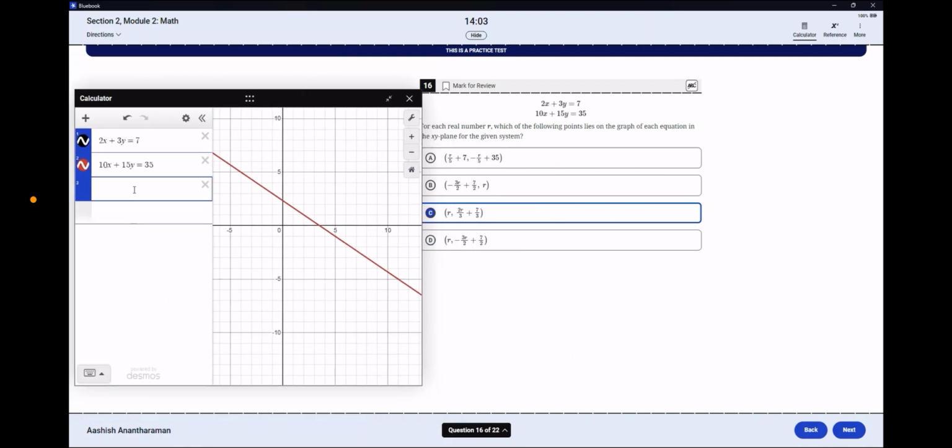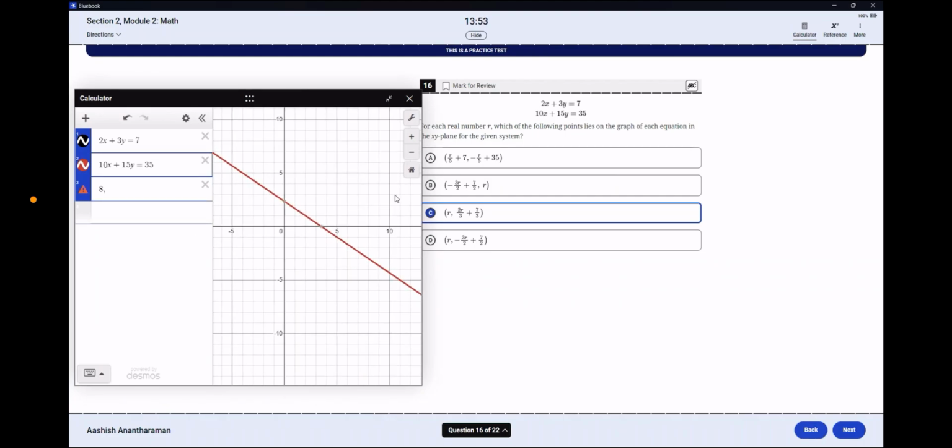If r is 5, so you're going to have 8 and then negative 34. That is not going to be on here. That doesn't suit this. So let's look at B. If r was 2, for example, it's going to be negative 3 plus 7. Let's use a different number.